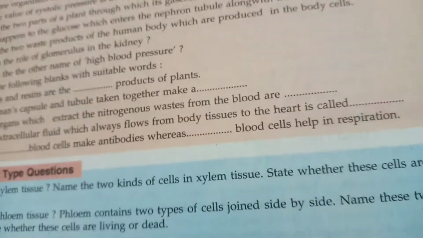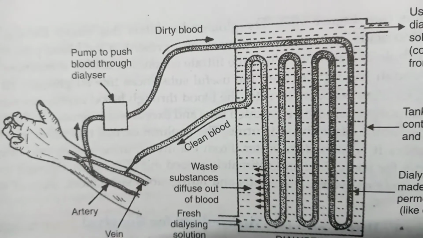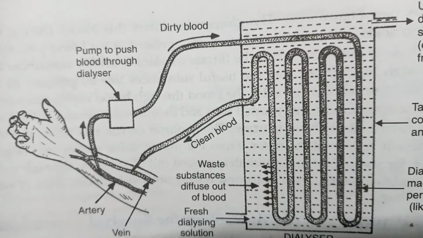The dialysis machine is made of long tubes of selectively permeable membrane like cellulose, which are coiled in a tank containing dialysis solution. The dialyzing solution contains water, glucose and salts in similar concentration to those in normal blood.